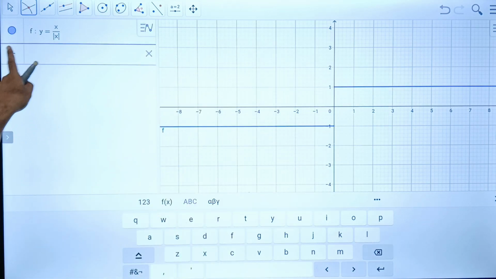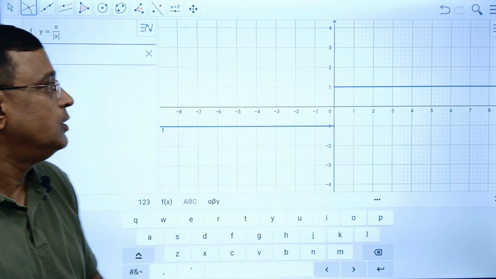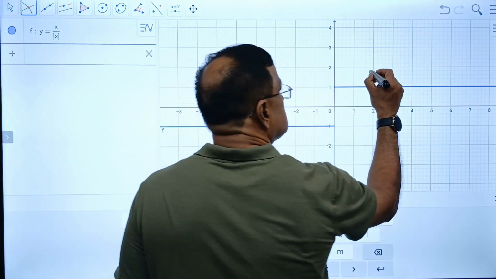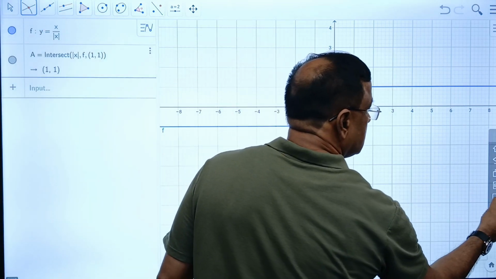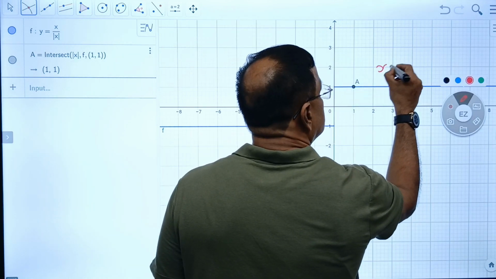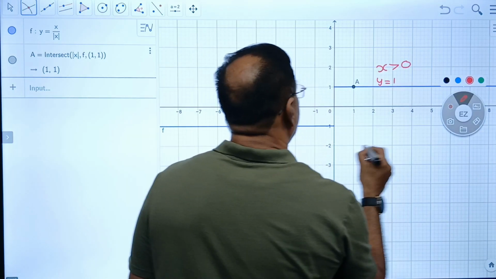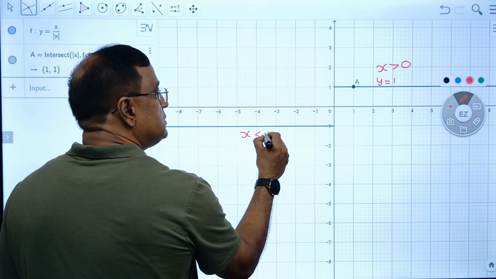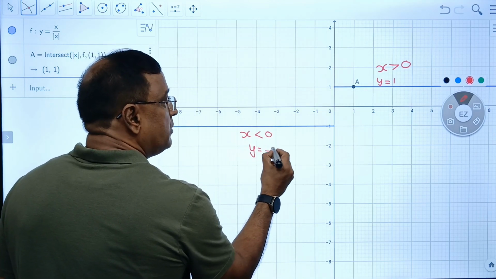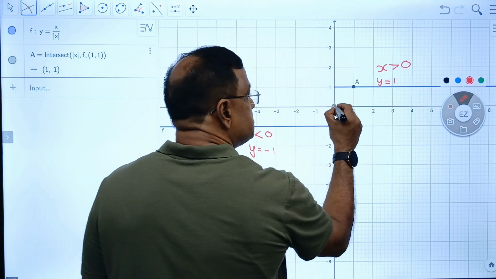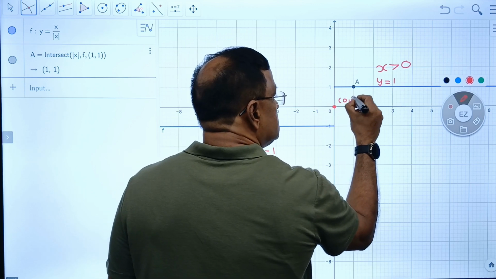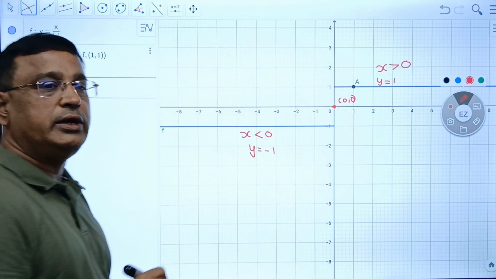So I got part of the signum function. You see, when x is greater than 0, I have got y equal to 1. When x is less than 0, I got y equal to -1. But this part is missing, so I will add it. And 0, 0. When x is 0, y is 0.